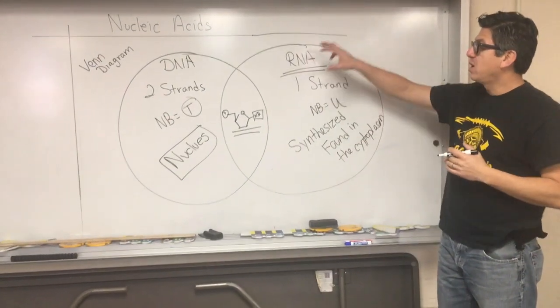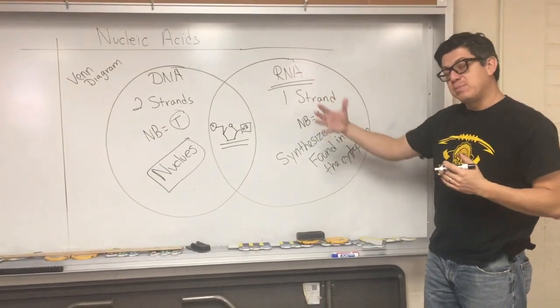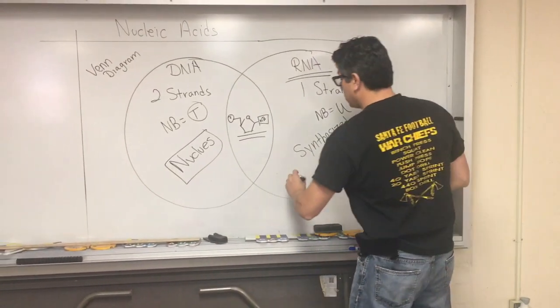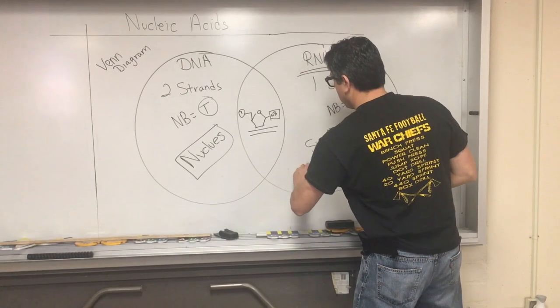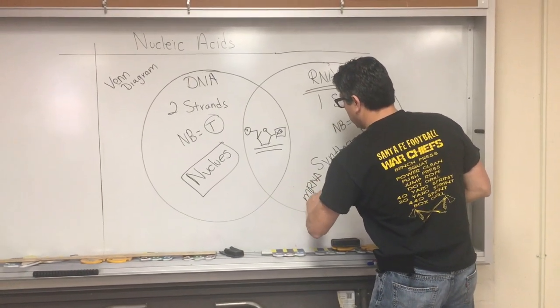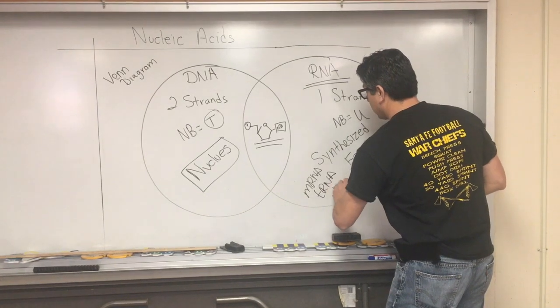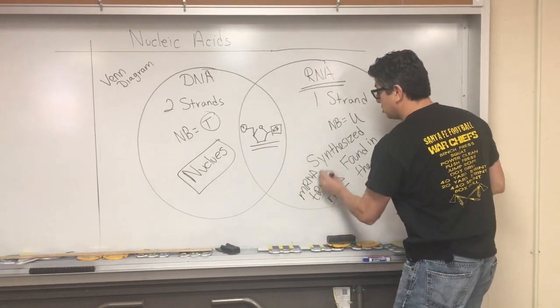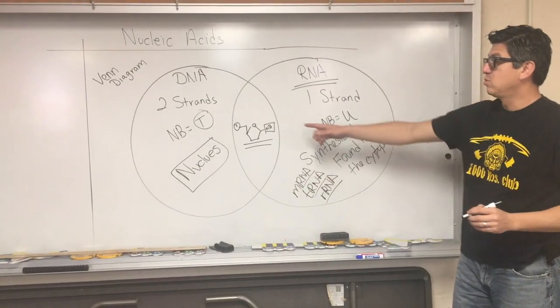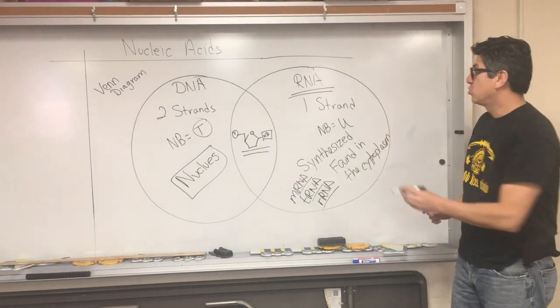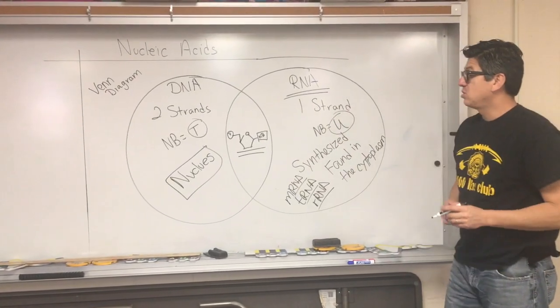As we talked about, there are different types of RNA: mRNA, tRNA, and rRNA, all of which are single strands of nucleotides with the nitrogenous base uracil.